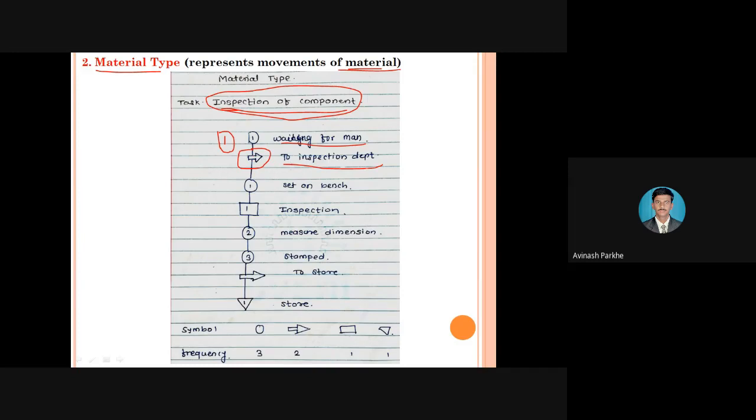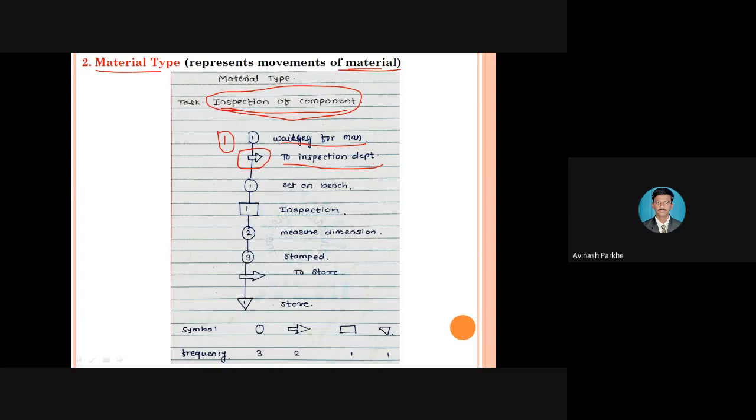What is the meaning of that? To the inspection department. Already that man has taken the component in his hand and started moving towards the inspection department. But here, instead of representing the movement of the man, I am representing the movement of the material.